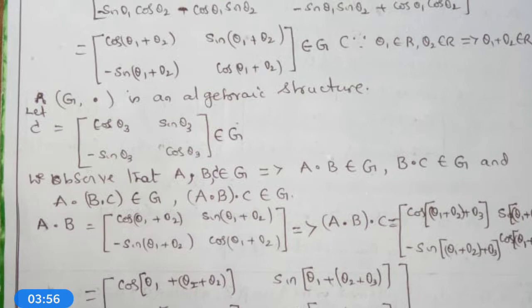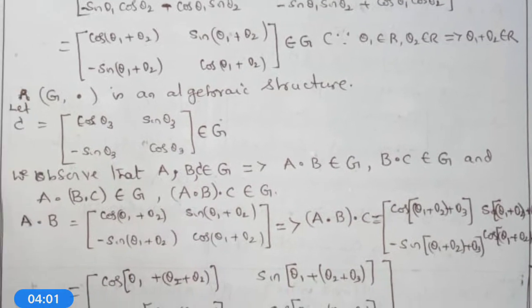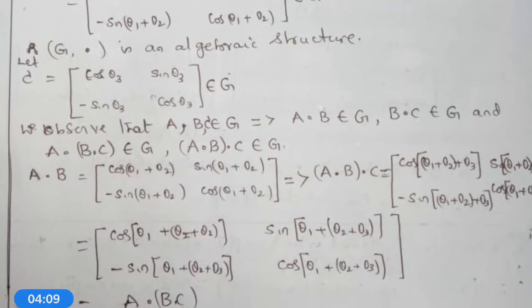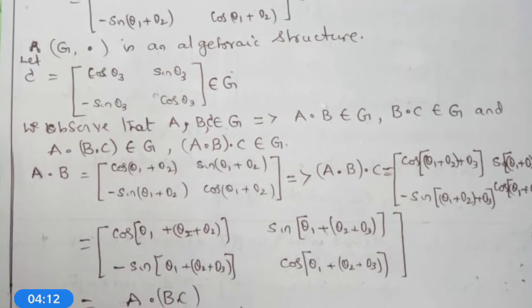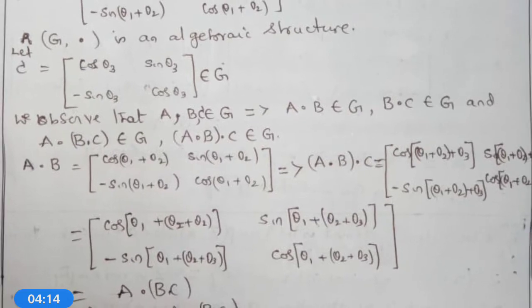Now let us choose C equal to cos theta 3, sin theta 3, minus sin theta 3, cos theta 3. So theta 3 belongs to R. Therefore, C belongs to G. Now we want to verify the associative property. For that, we have chosen three elements, that is three matrices.